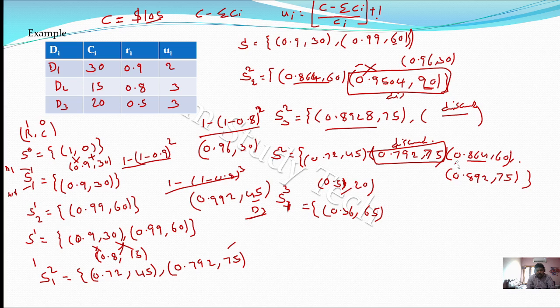Like that, here multiply this 0.432, that is 60 plus 20, 80, and 0.51 into 0.892, that is 0.4464, plus here it is 75 plus 20, that is 95.